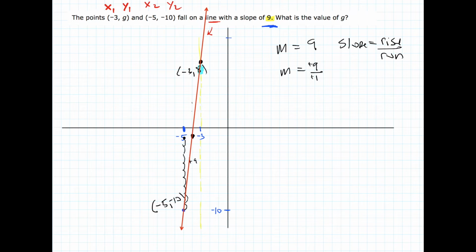Okay, so our goal is to find, with these clues, that y value, that 8. So the first thing you want to do is write down your slope equation, which is m equals y2 minus y1 over x2 minus x1.